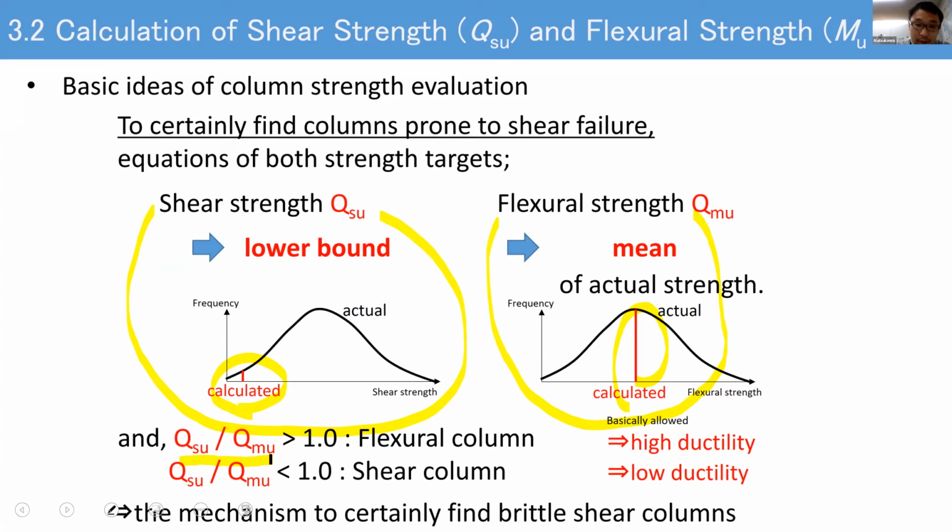If the ratio is smaller than 1.0, the column is classified as shear column. Shear column is not allowed to have high ductility, so we should provide low ductility for shear columns. This is a basic concept of strength evaluation.